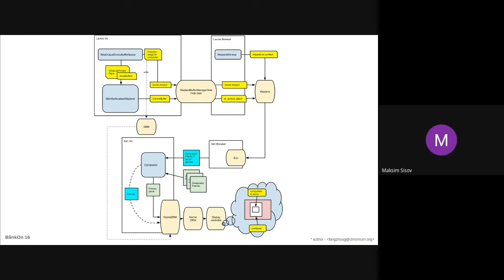The Viz output device allocates an image via libgbm, then pixels are written into the image, and after that it schedules a primary plane, which is passed from the Lacros browser to the Exo browser side, and then to the Ash process, and then that's overlaid.